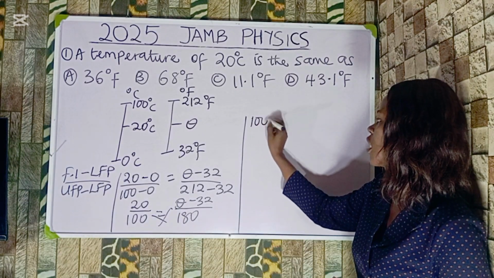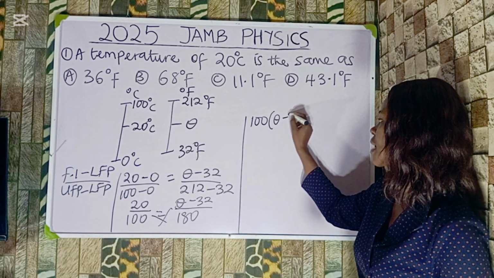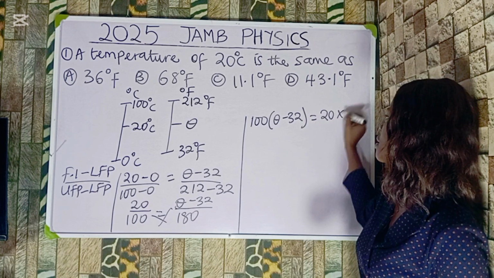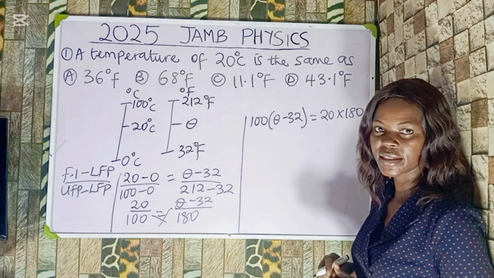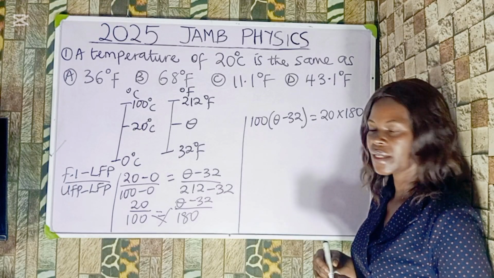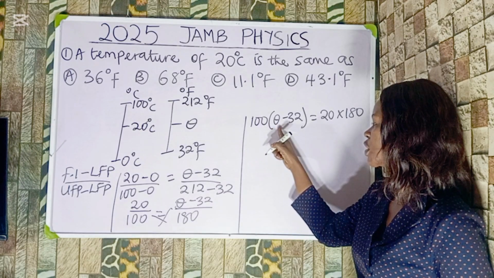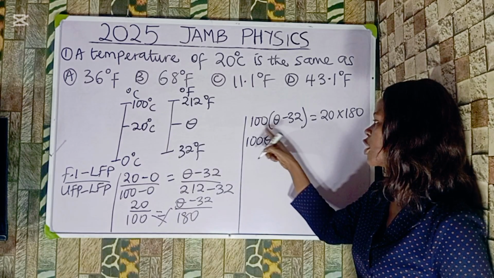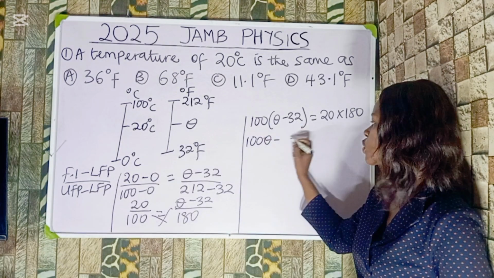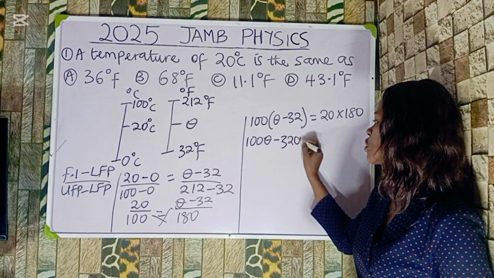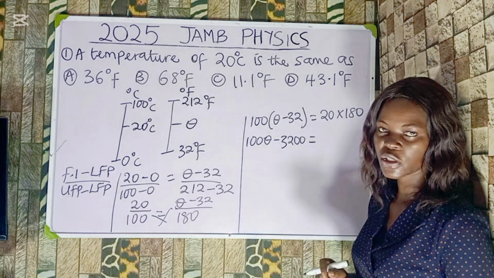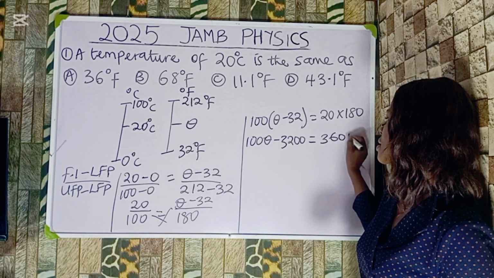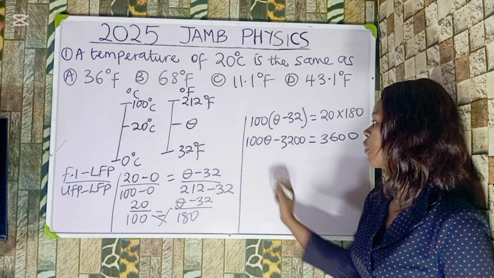So this is 100 bracket theta minus 32 is equals to 20 multiplied by 180. Okay, let's open up the bracket. We go by saying 100 multiplied by theta is 100 theta minus 100 multiplied by 32 is 3200. Then is equals to 20 multiplied by 180 is 3600, right?